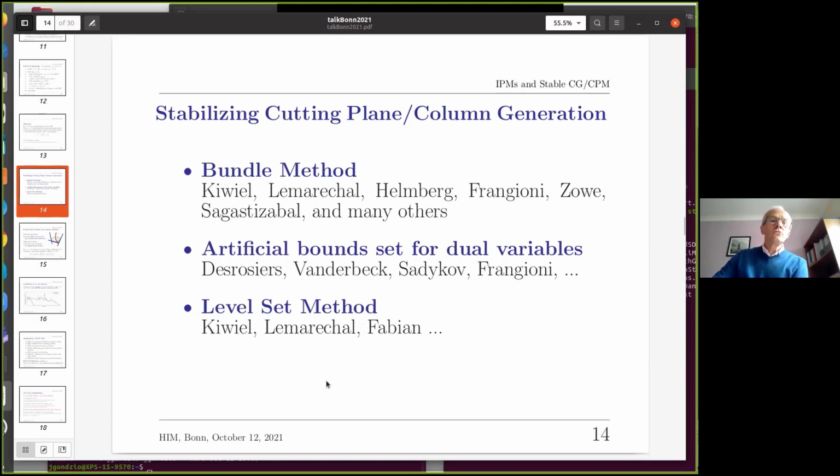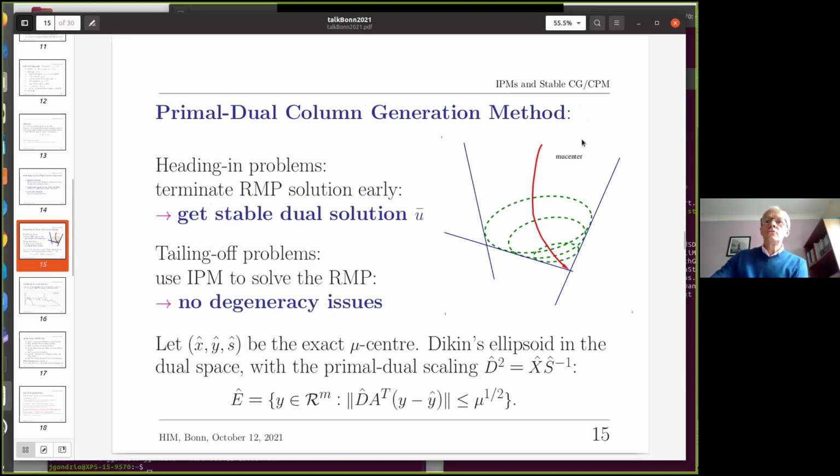But I'd like to say that when we use interior point methods, we do not have to worry about such issues because interior point methods by their very nature follow the central path, and therefore the points which are close to the central path have these, well, Dikin ellipsoids in fact, have these trust regions to be guaranteed to be entirely contained in the feasible polytope.